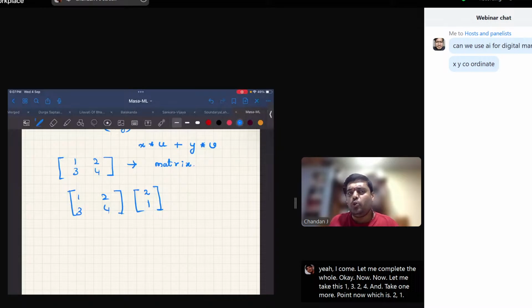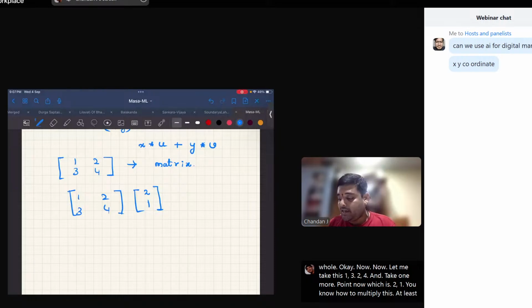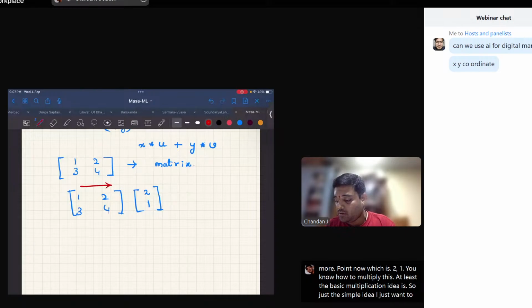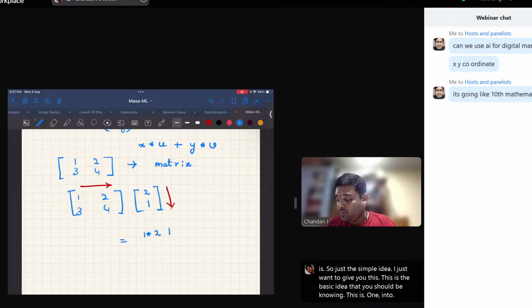Do you know how to multiply this? At least the basic multiplication idea is what I just want to give you. This is the basic idea that you should be knowing. Now this is 1 into 2 plus 2 into 1.